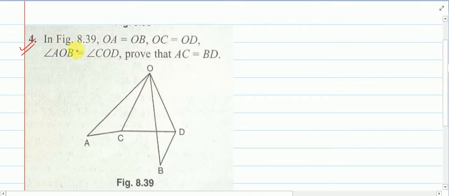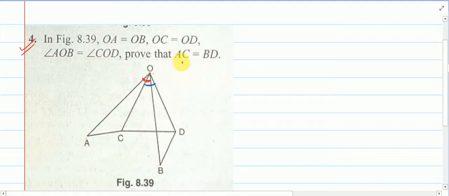Here it says that in figure 8.39, OA is equal to OB, OC is equal to OD, and angle AOB, that means this angle, is equal to angle COD. So this angle is equal to this angle.